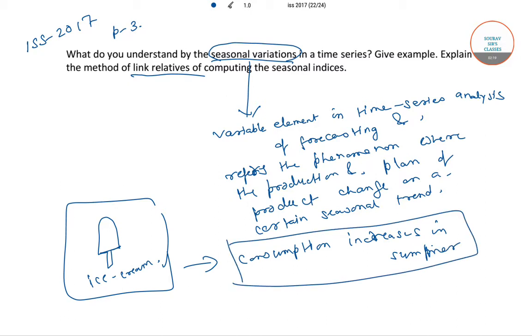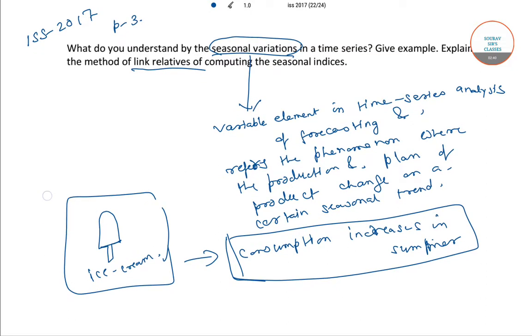So this change that is happening is called seasonal variation, and because of this increasing consumption during summer, there has to be a change in the production and planning of this product, and this change in the production and planning of this product is called seasonal variation.